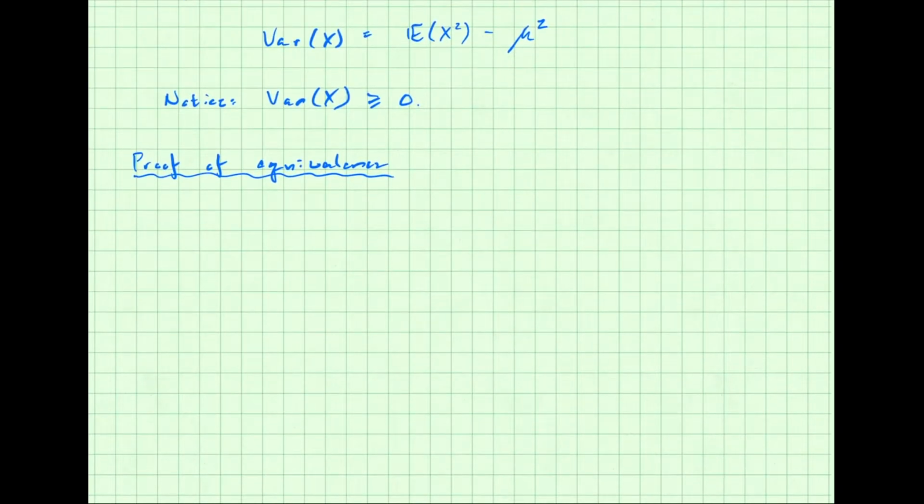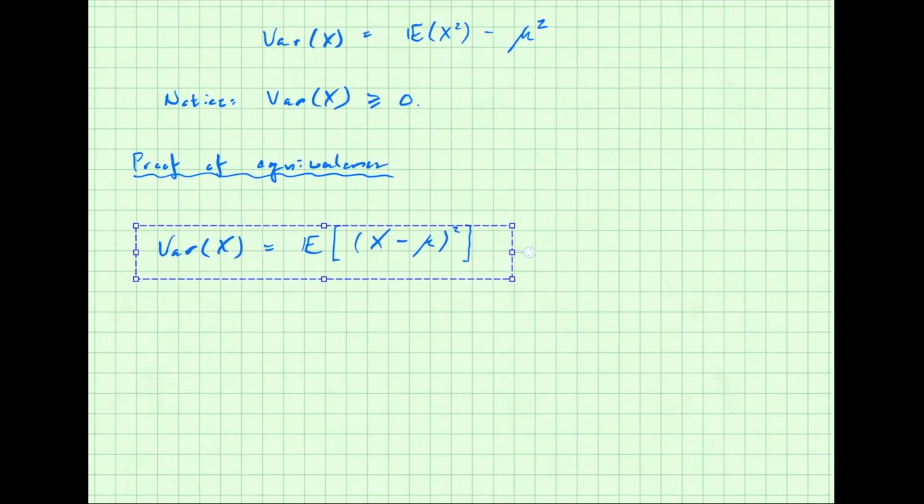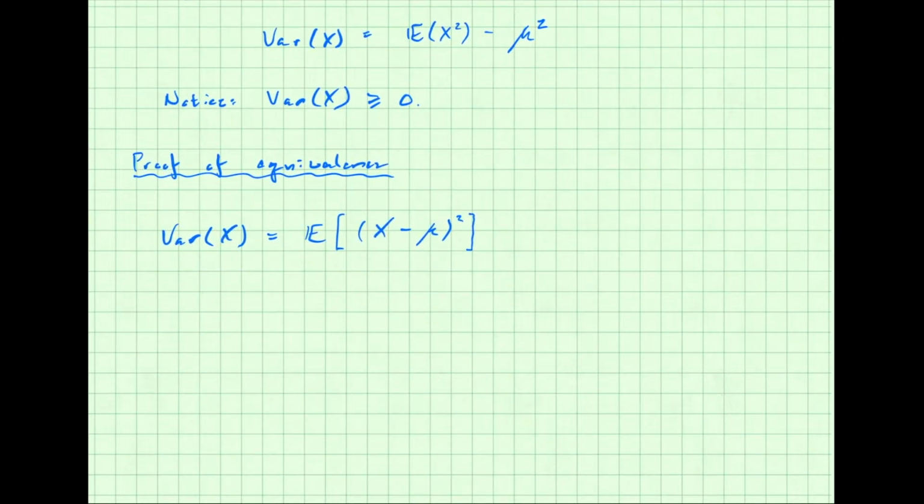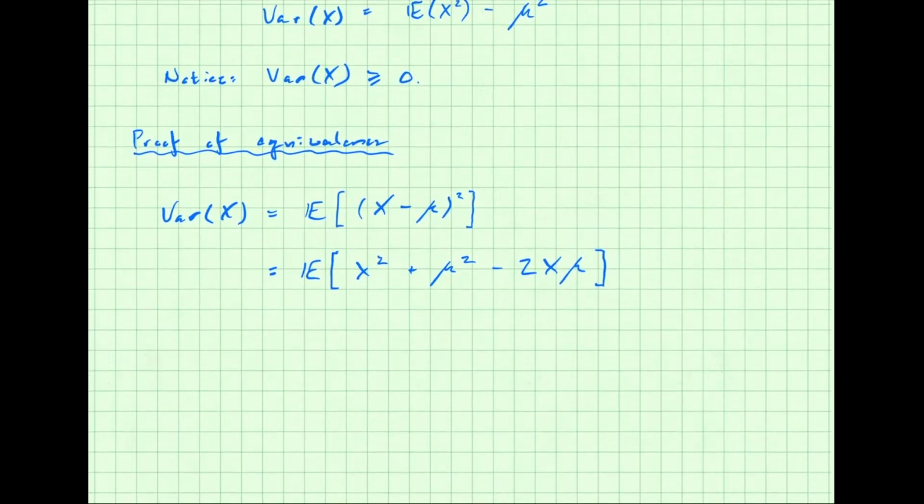And then we're going to use some of the properties that we introduced in the last lecture. So this quantity here, the expected value, I'm going to expand the argument. And so we get x squared plus mu squared, and then minus 2x mu.